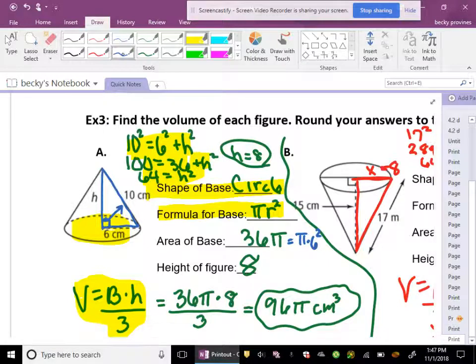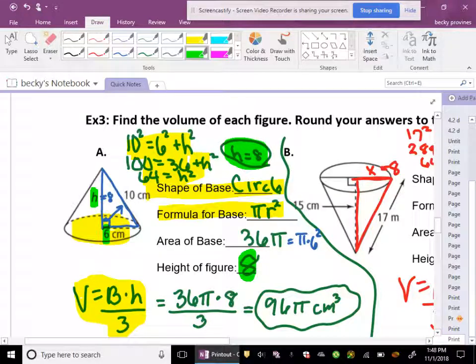My two other legs are 6 and h, right here, 6 and h. And I'm going to solve. So when I solve, I get h is 8. Okay, so you're not finished at all. That is just your height. Your height is 8. So notice I put that in here.